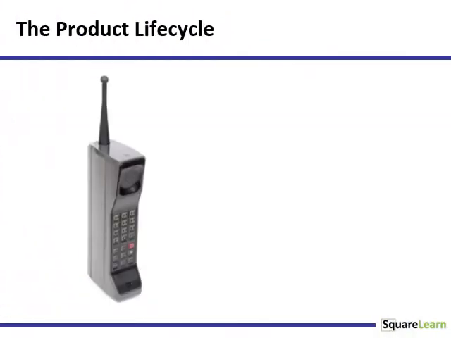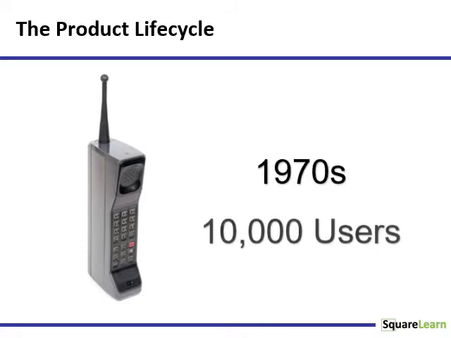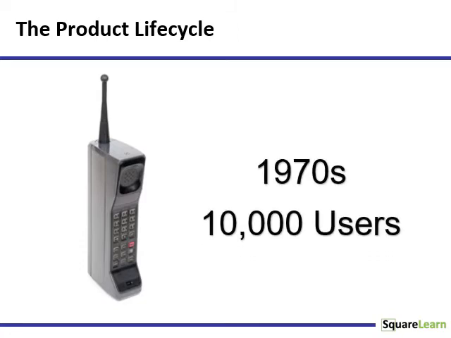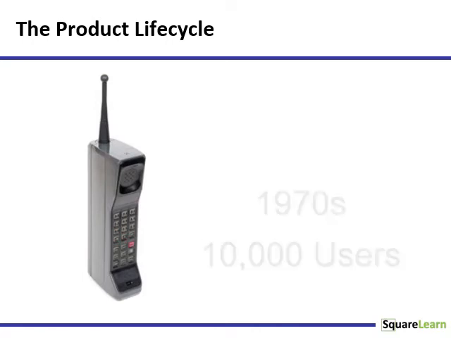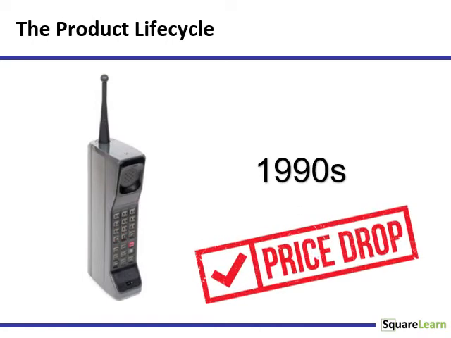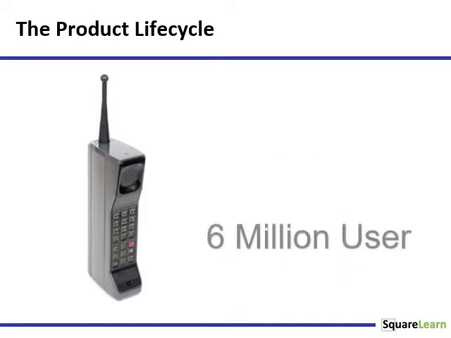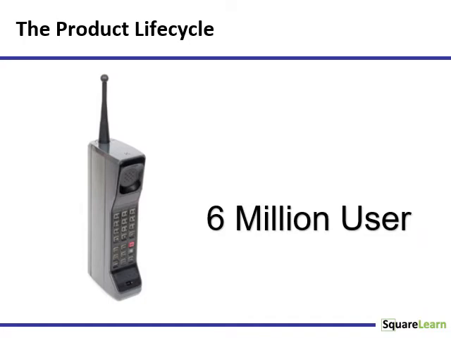Cellular phone service began in the early 1970s with fewer than 10,000 users. But it wasn't until the 1990s, when the prices dropped, and many could afford a unit for their cars, that a multi-segment market of over 6 million users emerged. Now everyone has a cell phone.